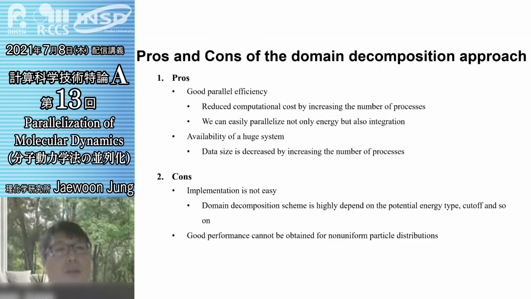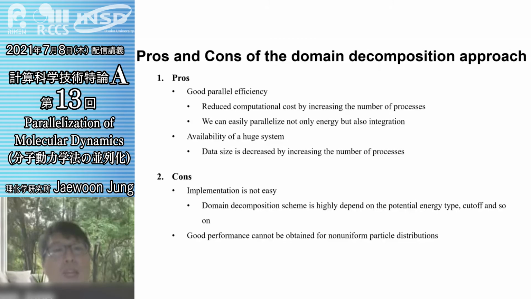But the problem is that implementation is not so easy. And the domain decomposition scheme is highly dependent on the potential energy type. So here, I mentioned the all-atom case with van der Waals and electrostatic energy calculation. But if we change the potential energy, or if we change the threshold parameters, then the domain decomposition scheme cannot be well applied.